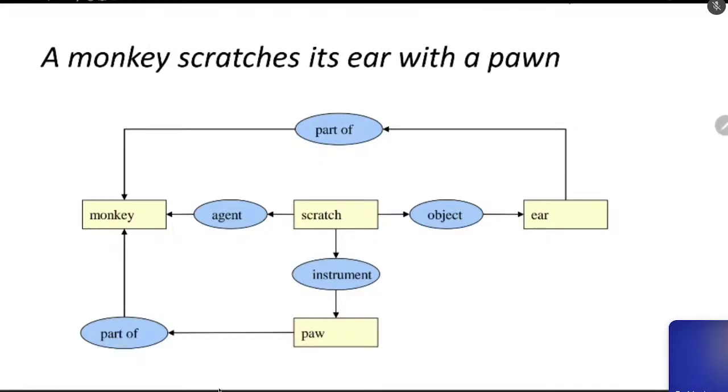So ear is a part of monkey. And the same question goes to paw. Whose paw is this? It is the monkey's. So paw is a part of monkey. There would not be one correct answer to a conceptual graph, but if all of us sit down and try drawing conceptual graphs, most of them will more or less be the same.